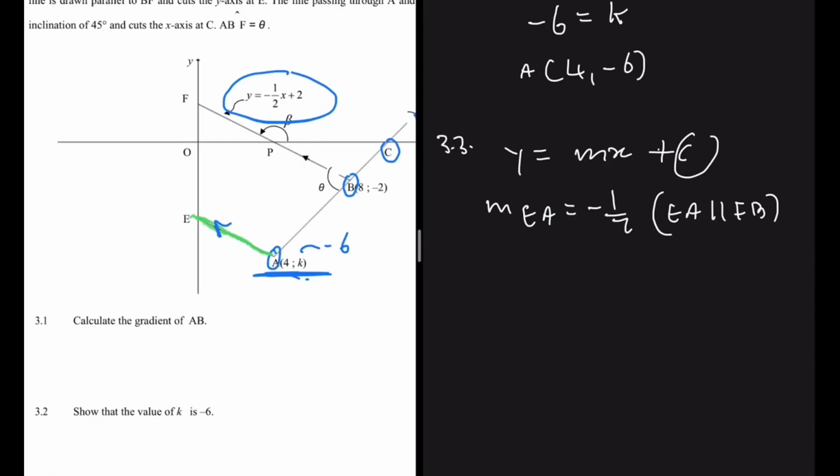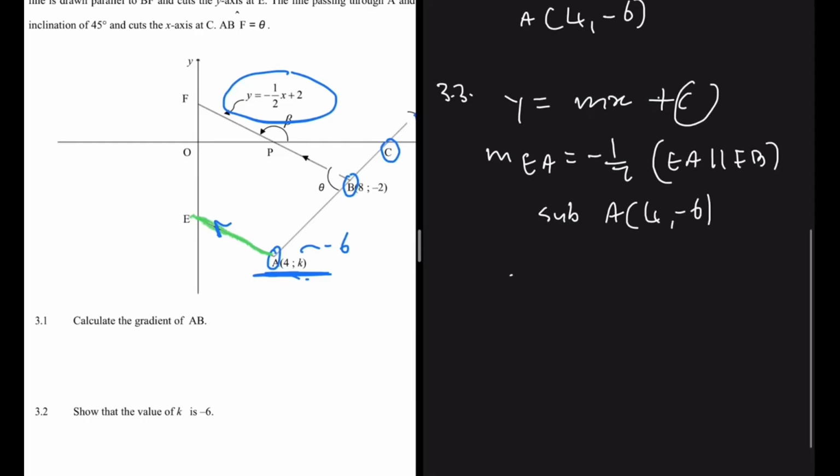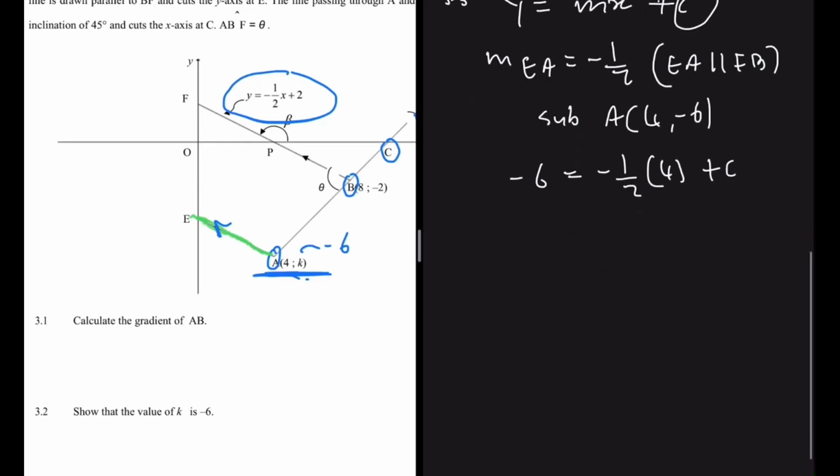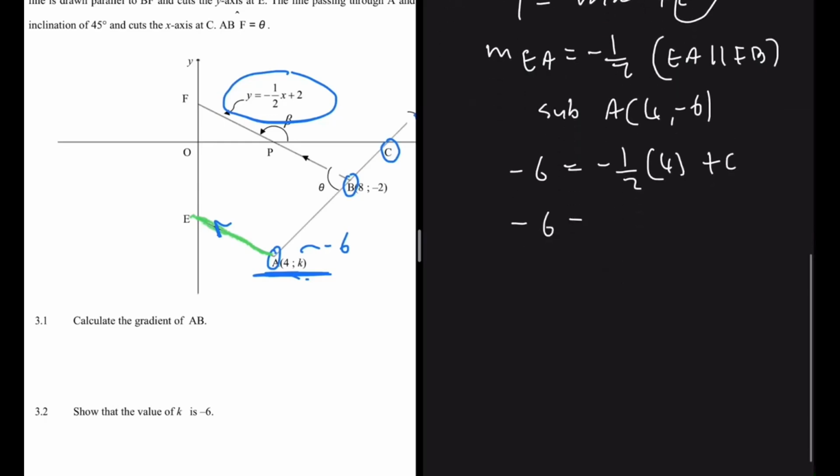find C, right? So if we sub A, which is made out of 4 and minus 6, we're gonna get minus 6 is equals to the gradient, which is minus a half, multiplied by x, which is 4 plus c, right? So we have minus 6 is equals to minus half of 4, that is minus 2 plus c.